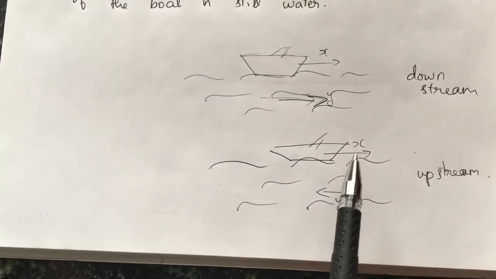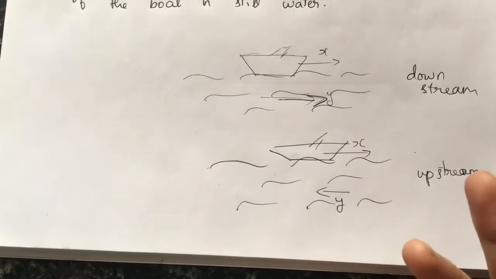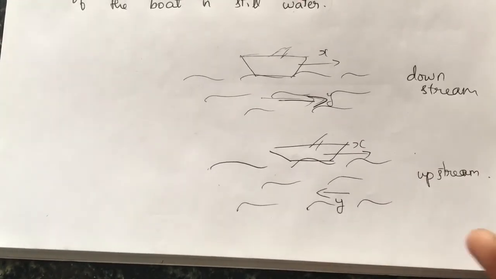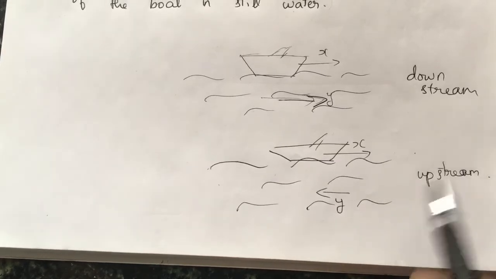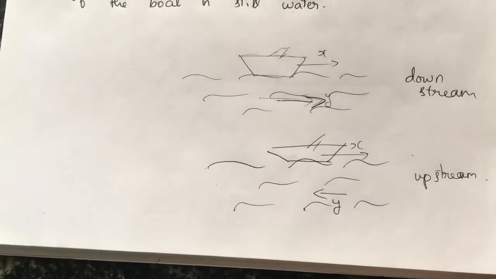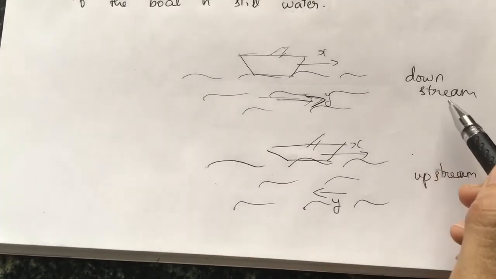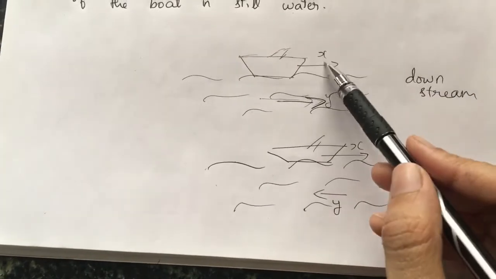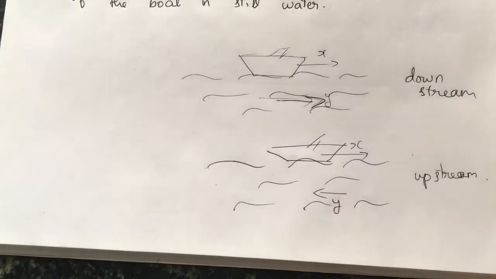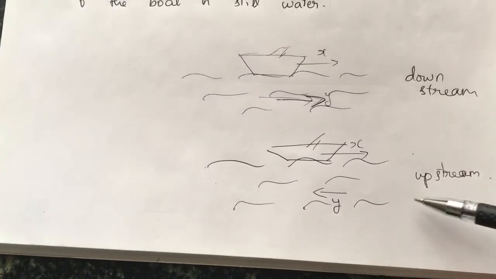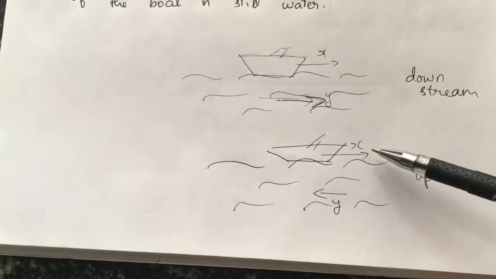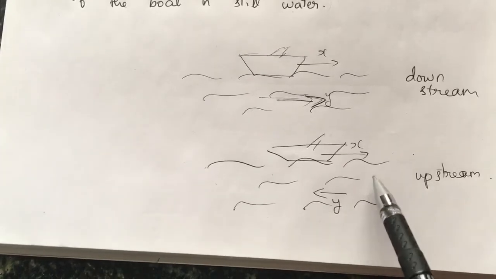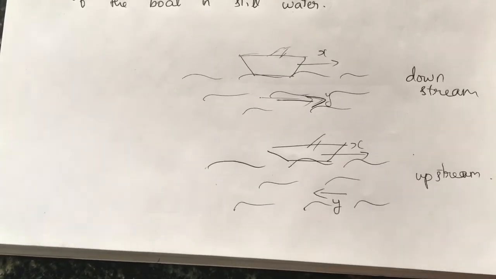The speed of the boat must always be more compared to the speed of the stream. So when it is downstream, we are adding the speed of the water and the boat. When you take upstream, there you are subtracting the speed of the water from the speed of the boat.